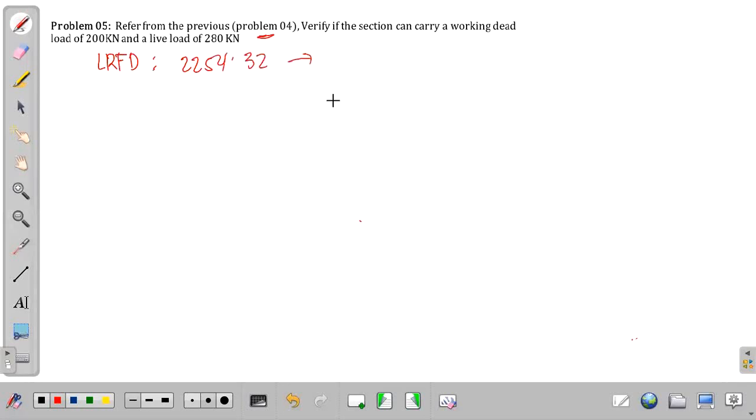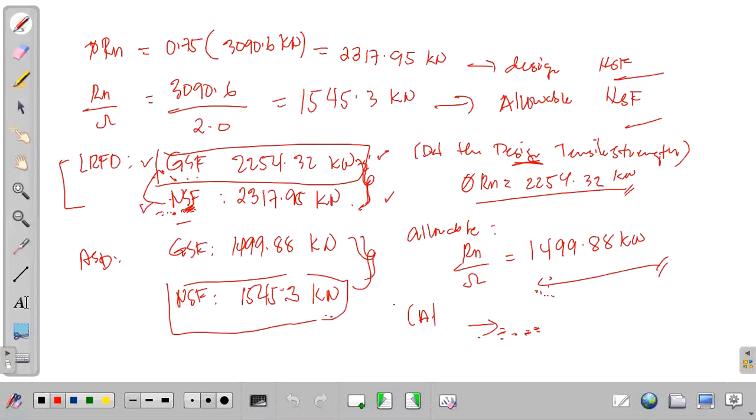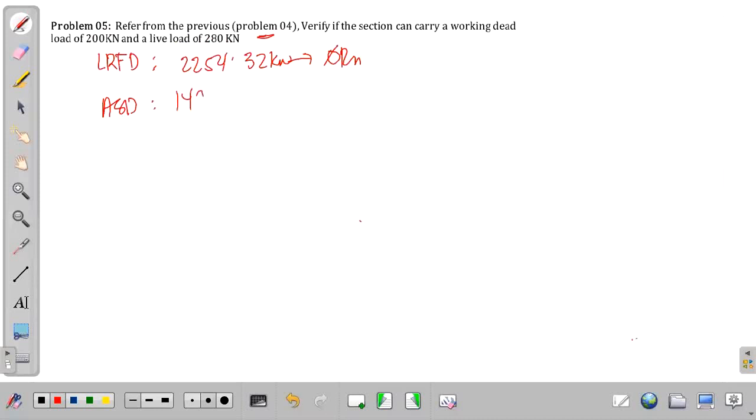That is the design tensile strength. And for the ASD, in kilonewton, 1499.88 kilonewton. Yan yung nag-govern pagka ASD, allowable tensile strength. So, ito yung dalawang nag-govern: the design tensile strength and the allowable tensile strength.